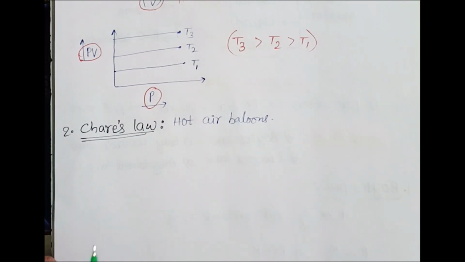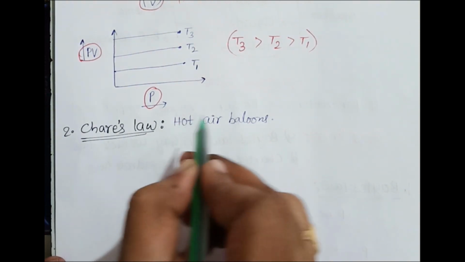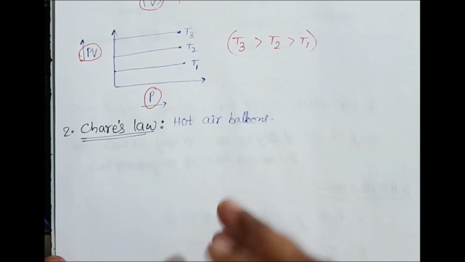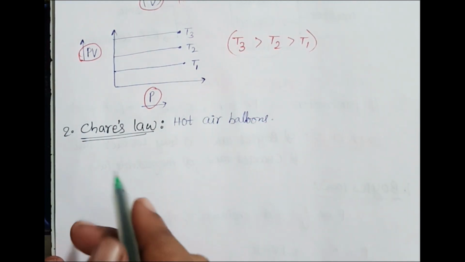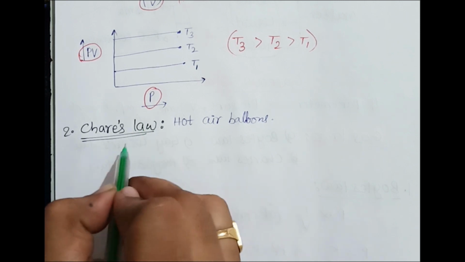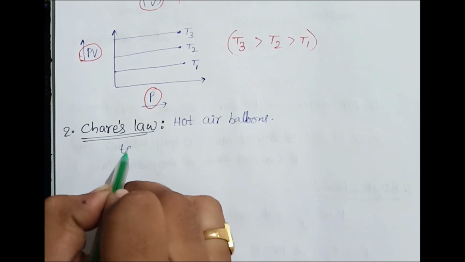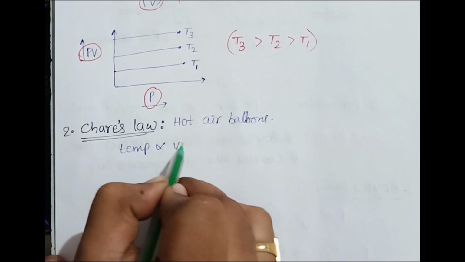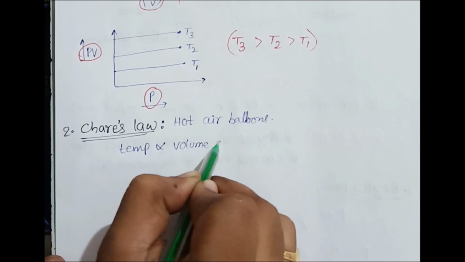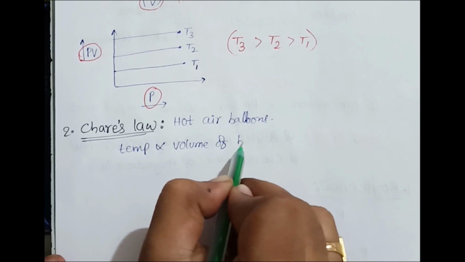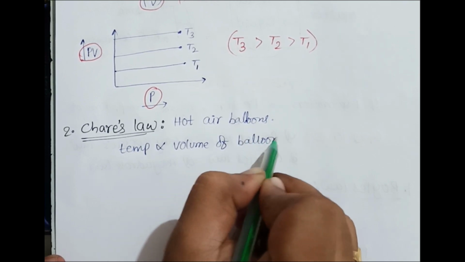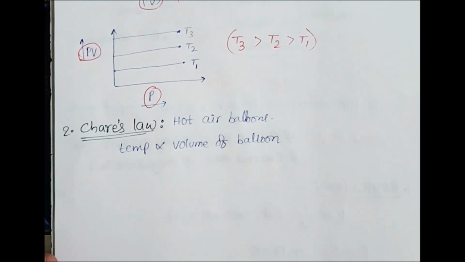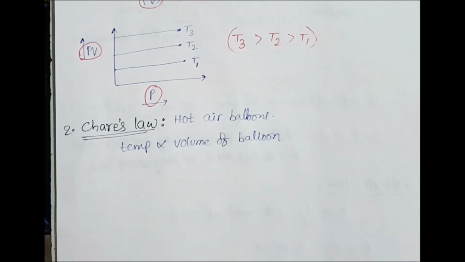In that hot air balloons, he noticed that when you increase temperature, volume will be increased. It's obvious, but it's the same thing. If you increase temperature, then the volume of the balloon also increases. Now what he noticed is a very interesting thing.